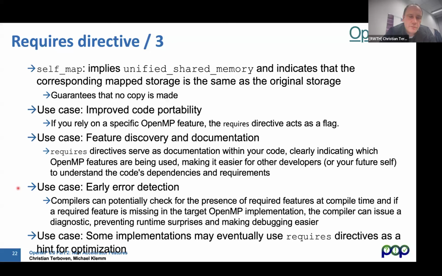That means you get an error message if you want to compile the code for a target architecture or with a target implementation that does not support your requirements, and that's probably much better than dealing with runtime errors later on.